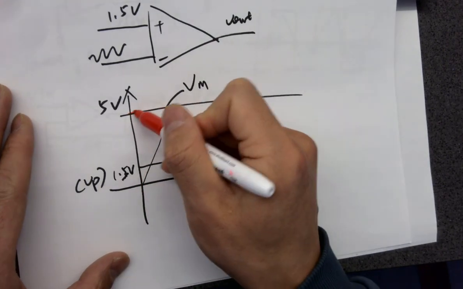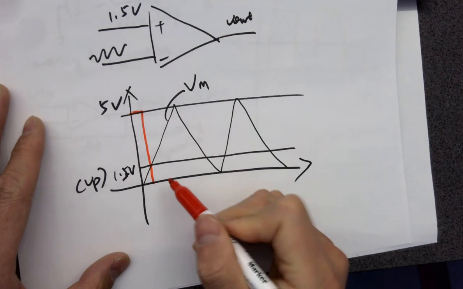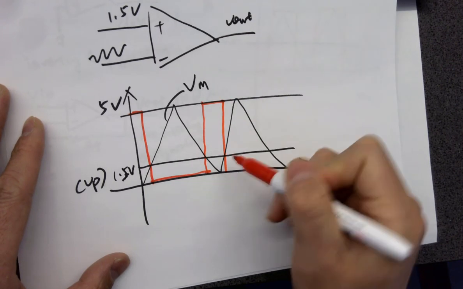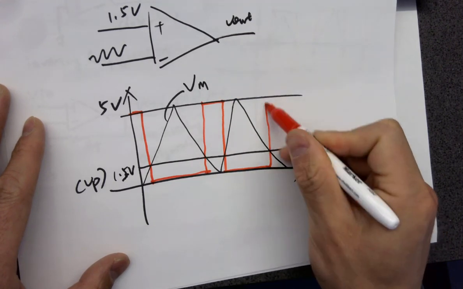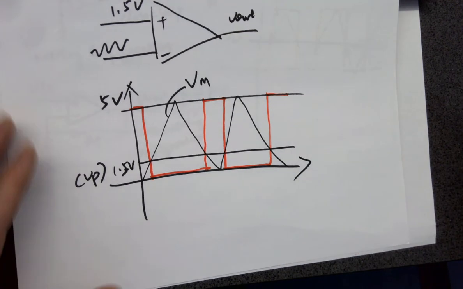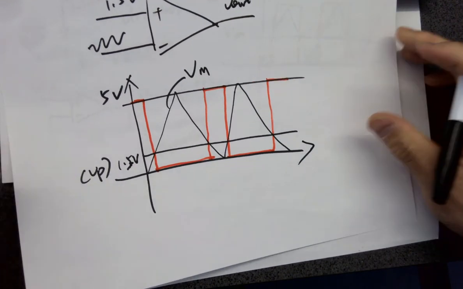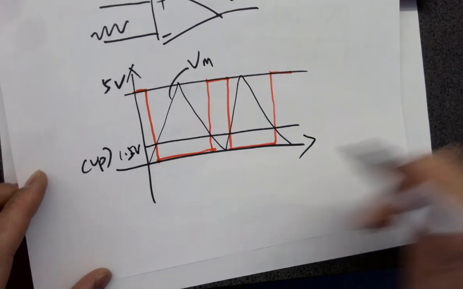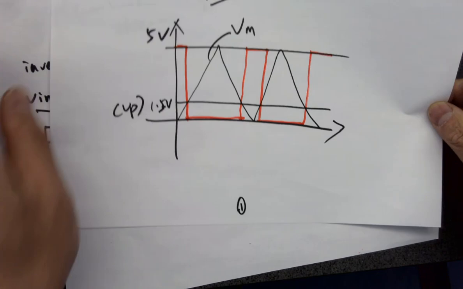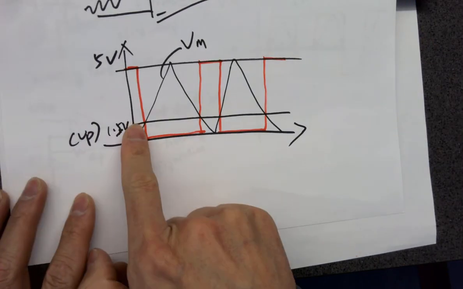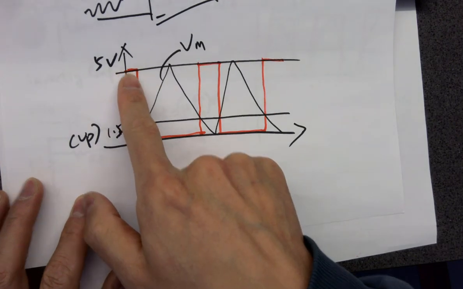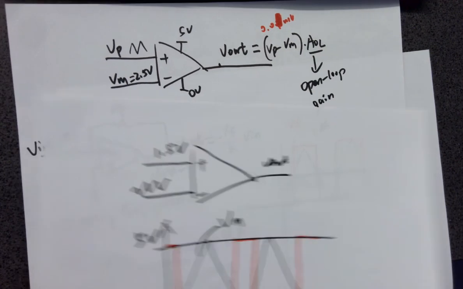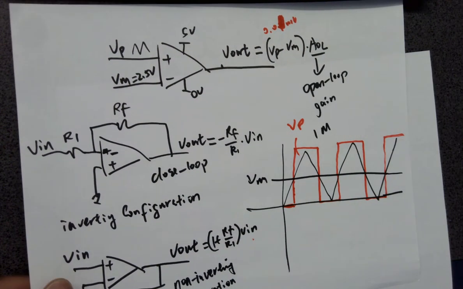So for this period, you are expecting a 1, and for here, expecting a 0, right? Any questions on this? VP larger than VM, so you are getting a 1. Output equals VP minus VM times gain. All right.